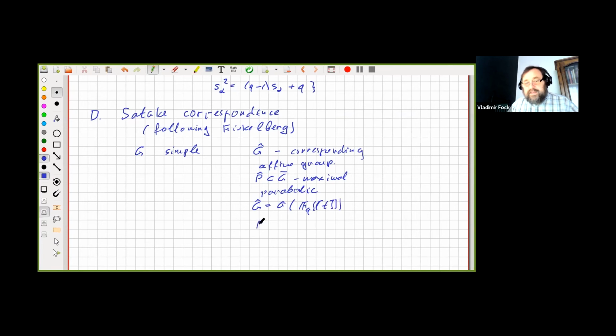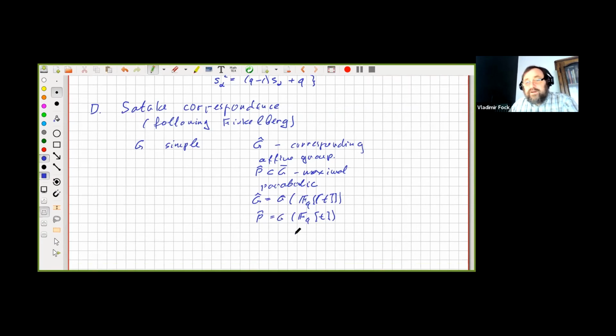And in this case, the parabolic is nothing but G of the polynomial, or rather Taylor, series. So these are Laurent loops, and these are Taylor loops.